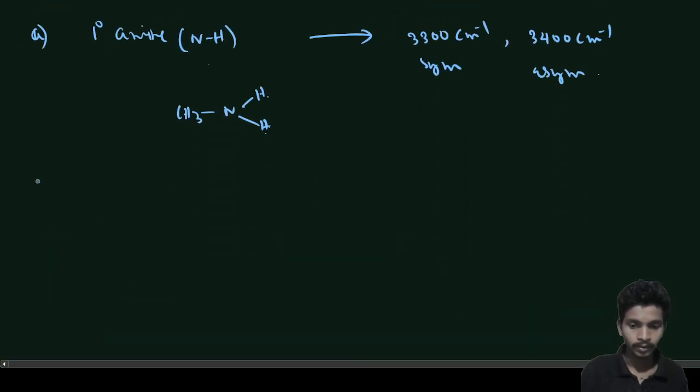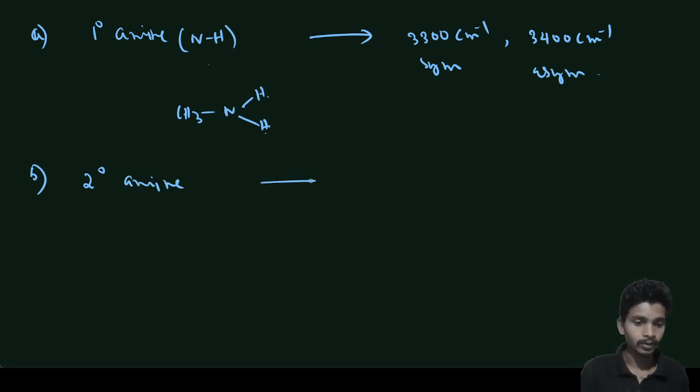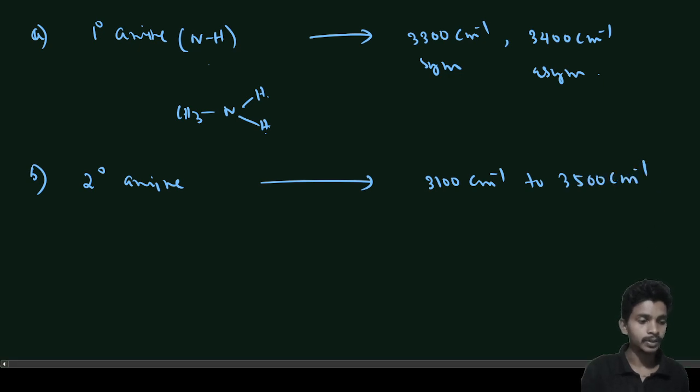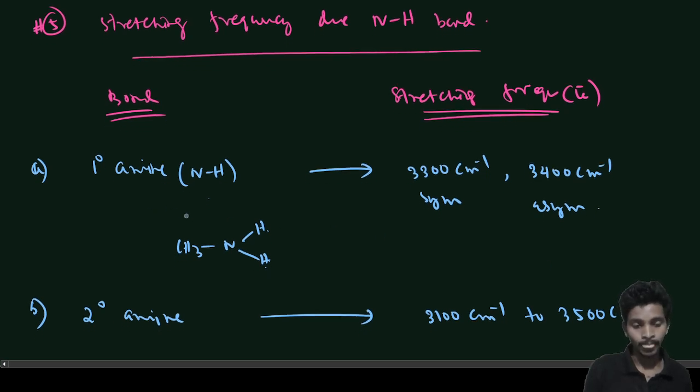For 2-degree amines we get only one peak, because no identical atoms are there, at 3100 to 3500 centimeter inverse.